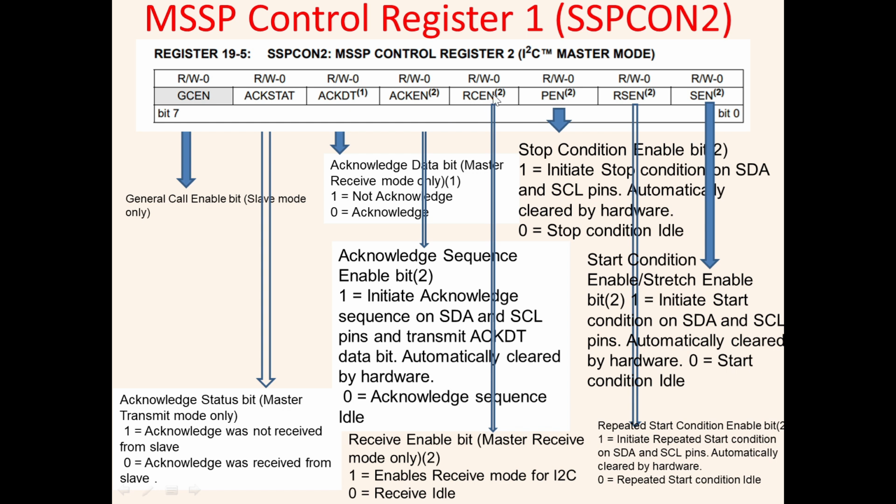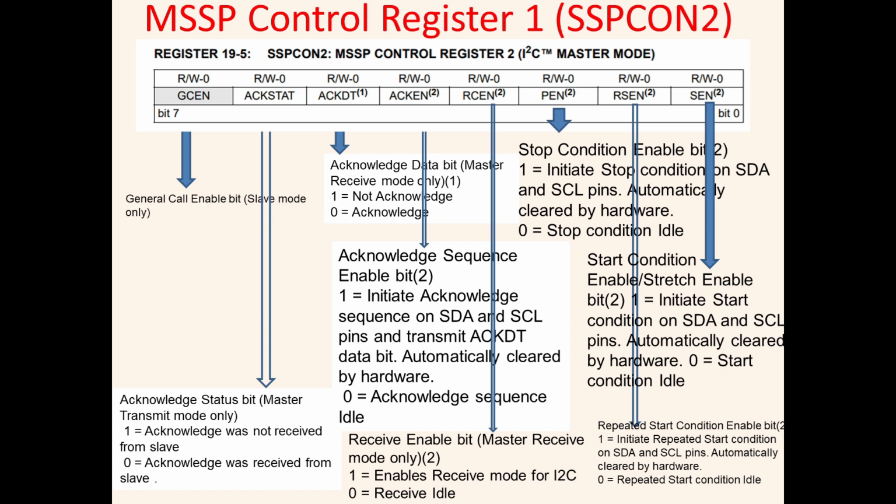Next, the RCEN bit. RCEN is nothing but the receive enable bit. Now this receive enable bit will only be enabled for master receive mode. If you put this bit as a 1, it enables the receive mode for your I2C.